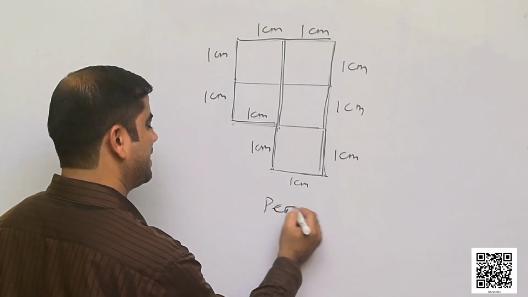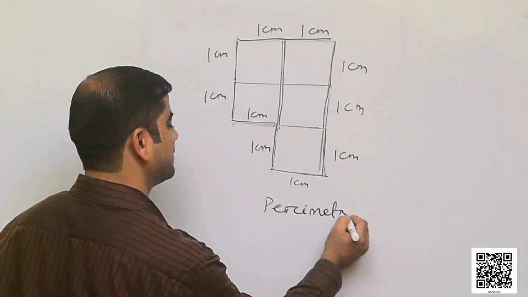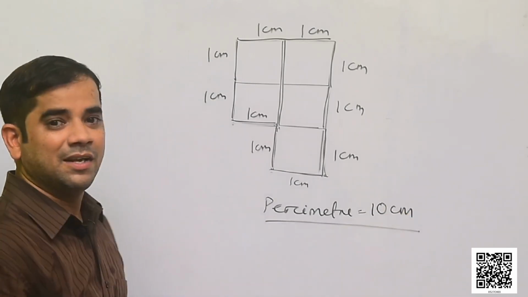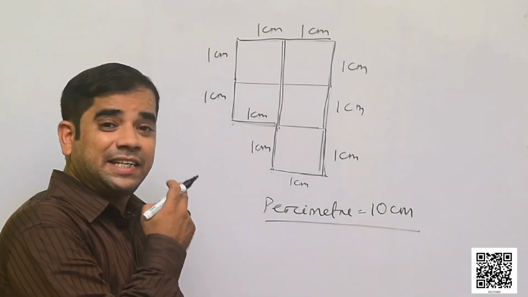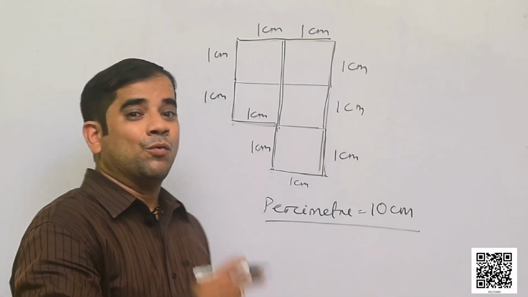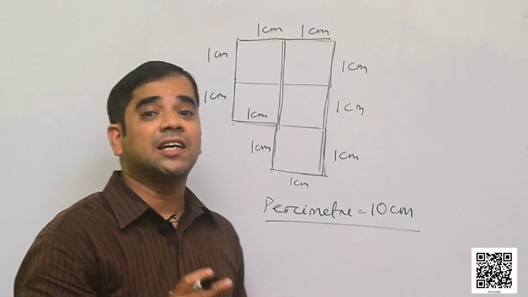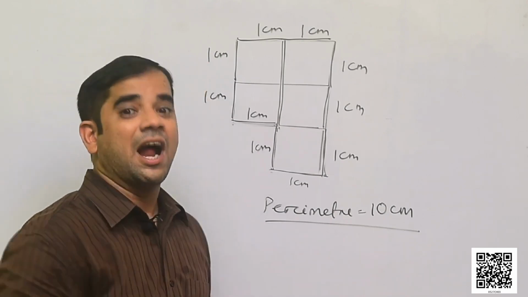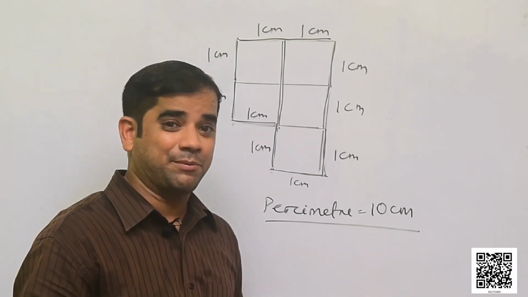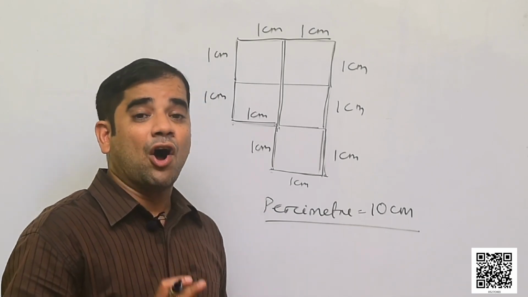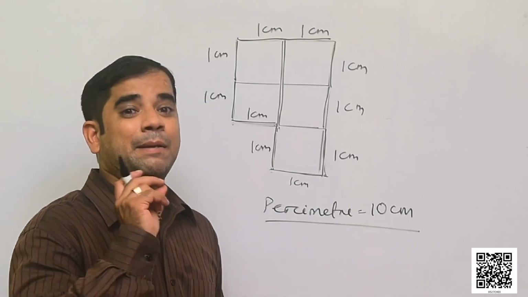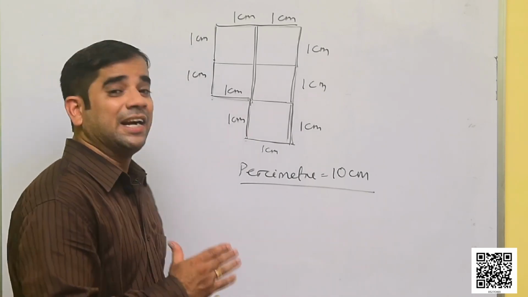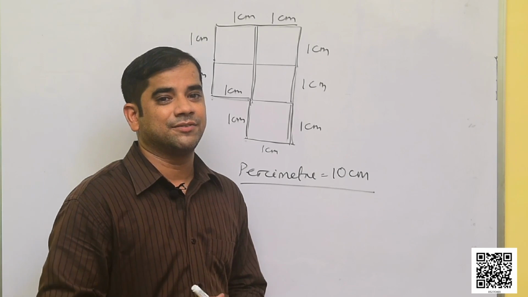So, the perimeter is equal to 10 centimeter. Except this shape, we can construct another 11 shapes using 5 squares, and all other 11 shapes will have a perimeter of 12 centimeter. Let's draw another shape and find out whether it's true or false.